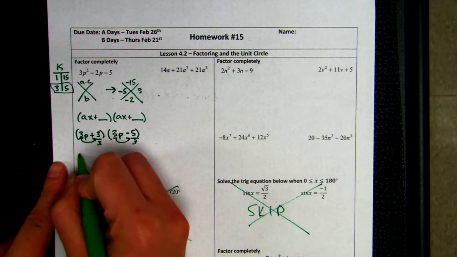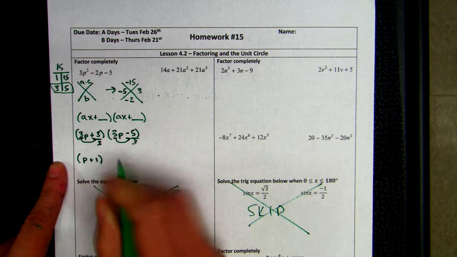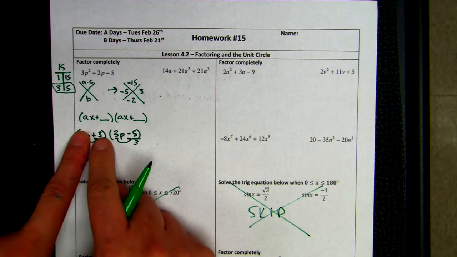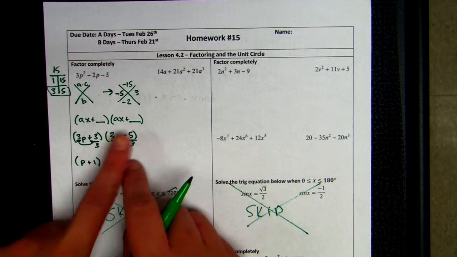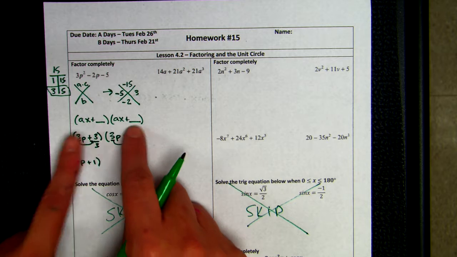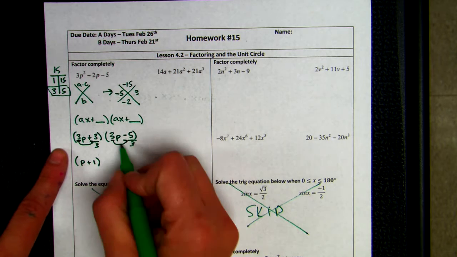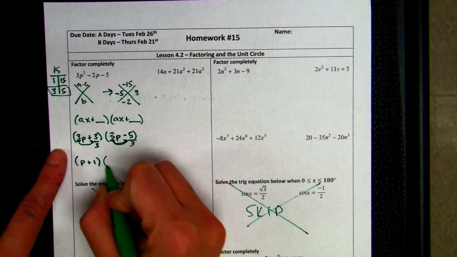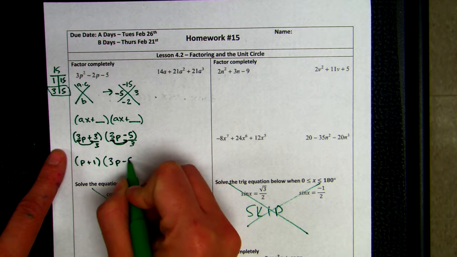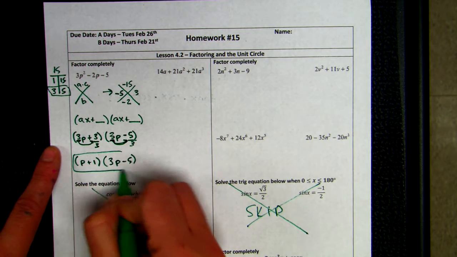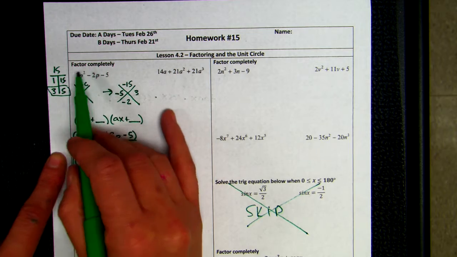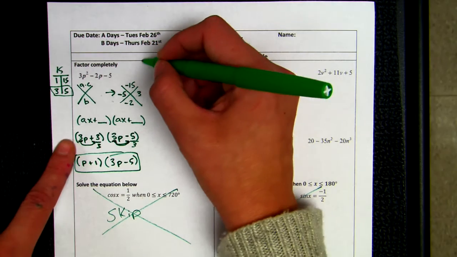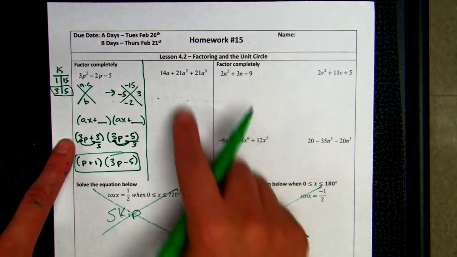Since this does simplify, I end up with p plus 1, because 3 divided by 3 simplifies down to 1/1, so I'm left with just 1 here. 5 divided by 3 does not simplify any farther, so I'm going to swing that 3 right back. 3p minus 5. These are my final two factors. It just said factor here, so I don't have to solve. There's my final answer. Okay?